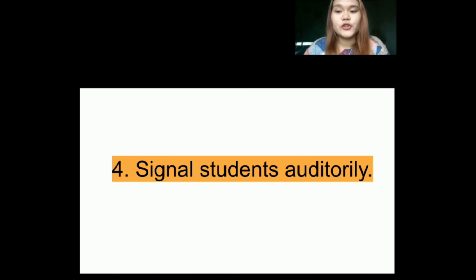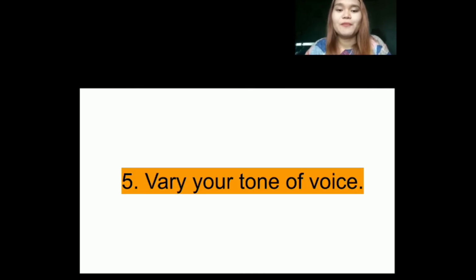Ring a bell, use a beeper or timer, play a bar of music on the piano or guitar. Number 5, vary your tone of voice. Loud, soft, whispering. Try making a louder command, like listen, freeze, ready, followed by a few seconds of silence before proceeding in a normal voice to give directions.